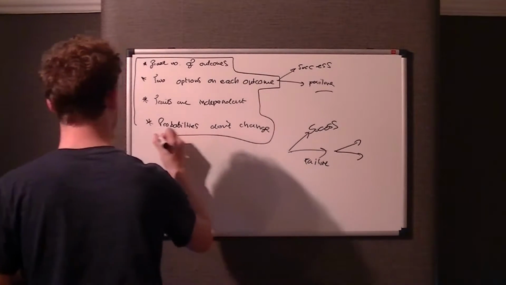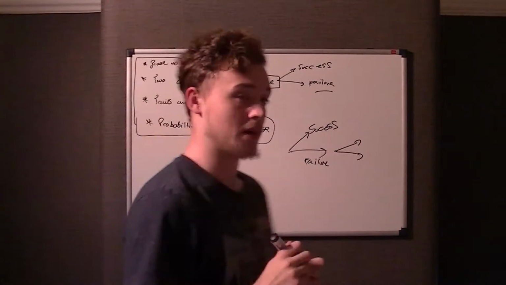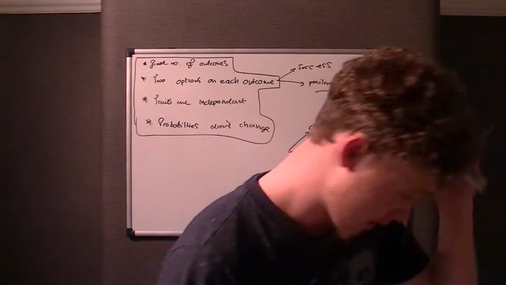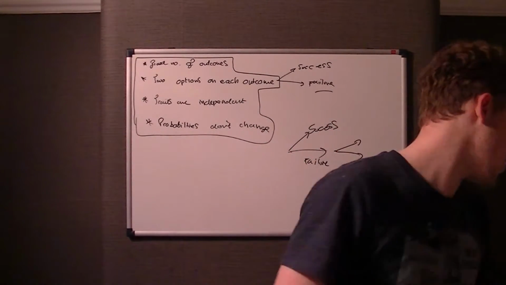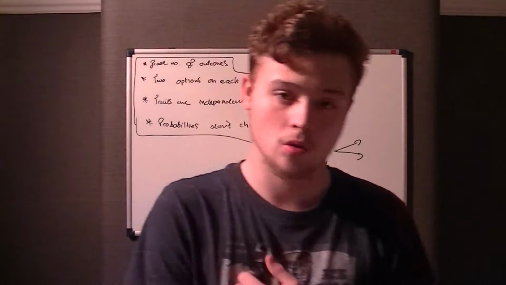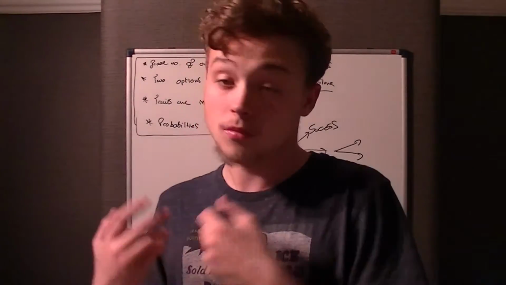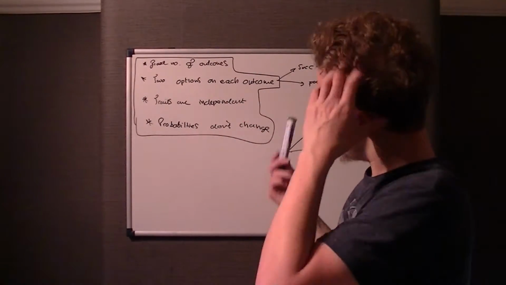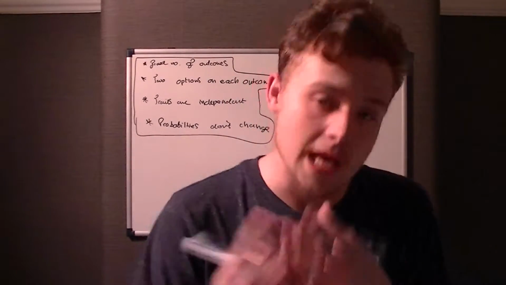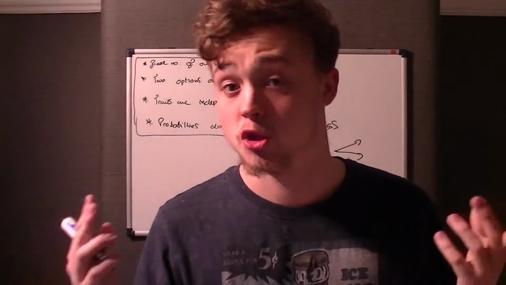A question you might get in the exam is a situation. I can't remember what question it was, but I might mention it later on. You might get a question that gives you a situation, but it won't tell you what probability distribution to use.